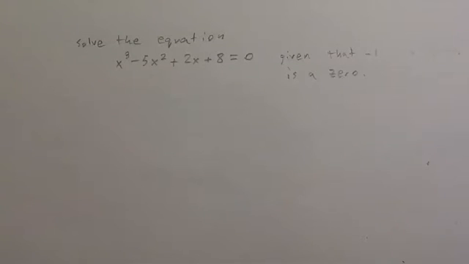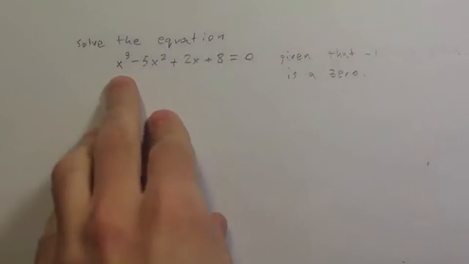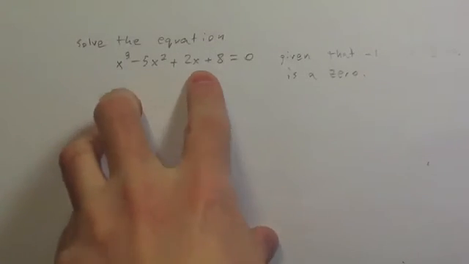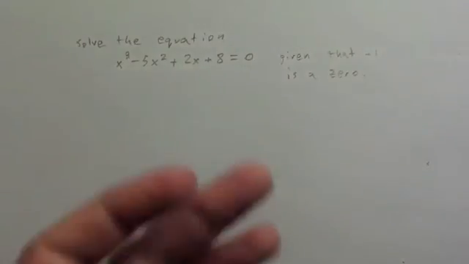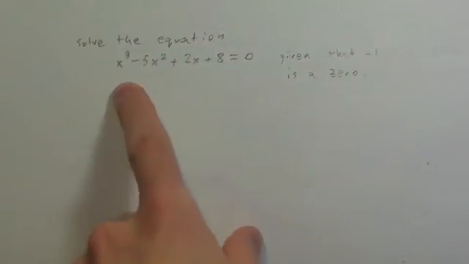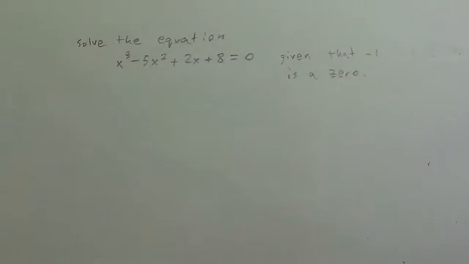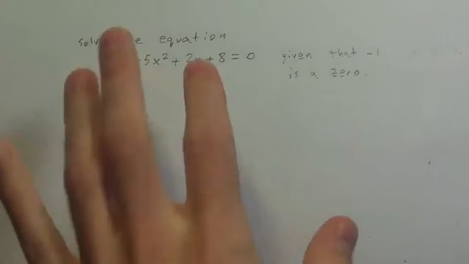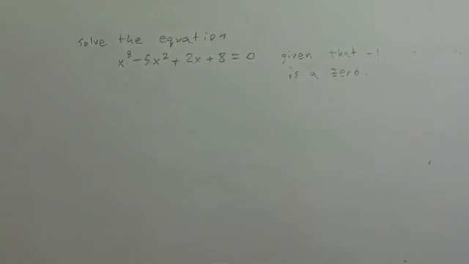Let's say we want to solve this equation: x cubed minus 5x squared plus 2x plus 8. Here's the problem. We can't really factor this. I can't factor this by grouping in a helpful way, and there's not much I can see right off the bat to help me factor it. But here's what I do know.